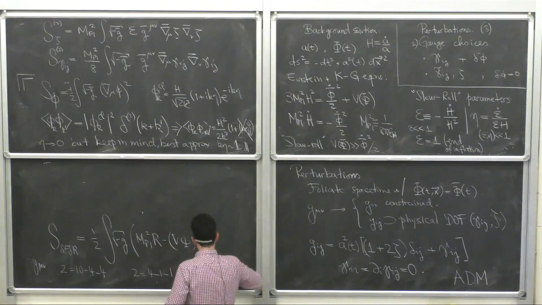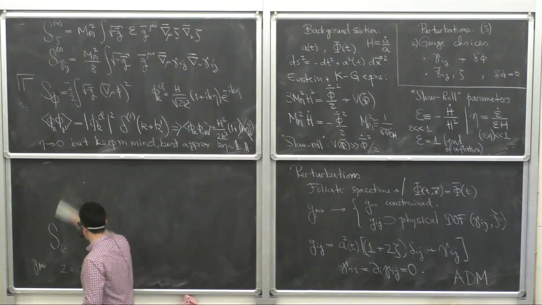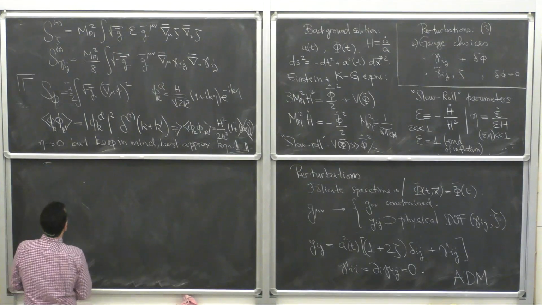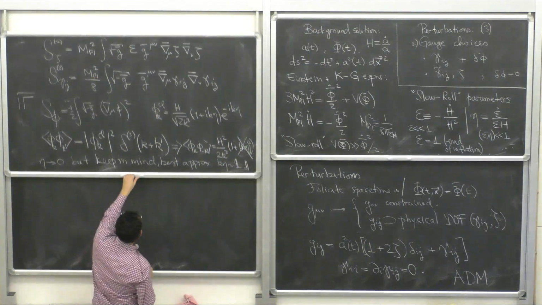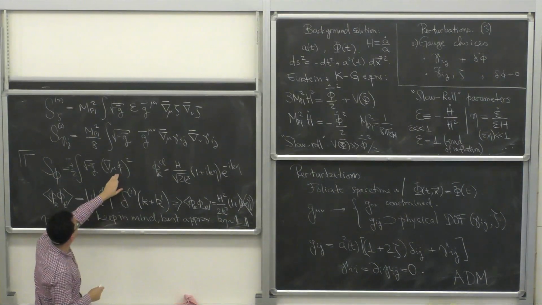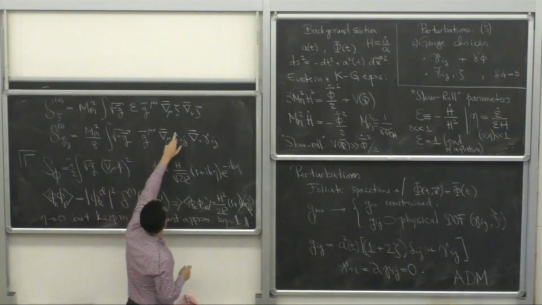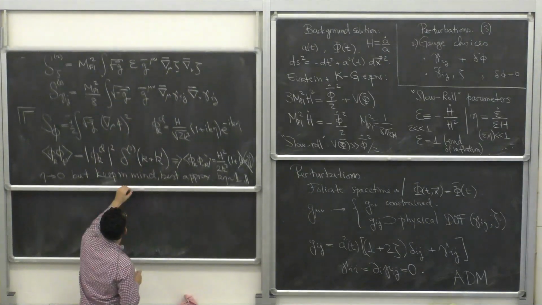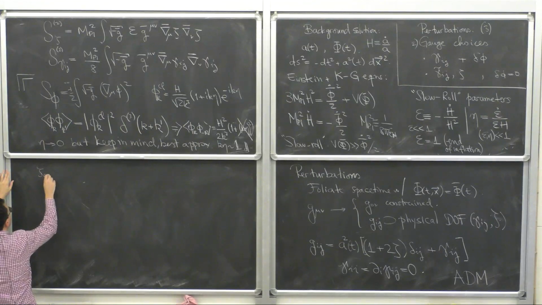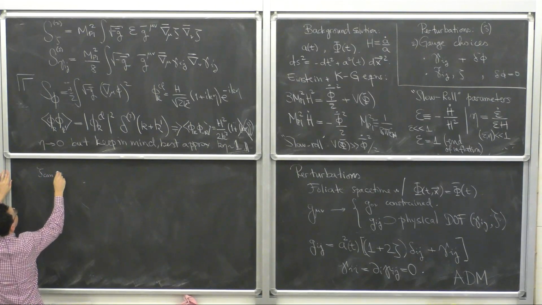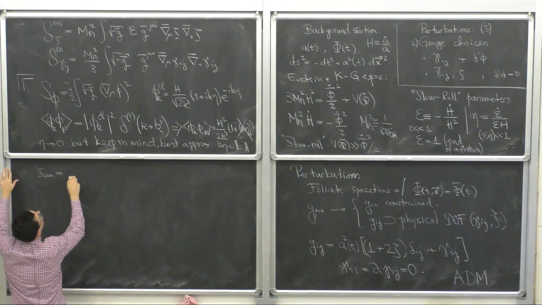Now let's go back to inflation. It looks exactly like a massless scalar, but now to canonically normalize, we should... So the canonical, let's say, zeta canonical is what?